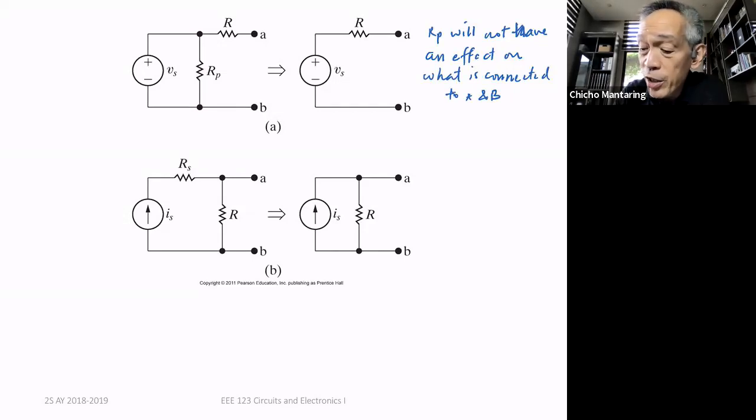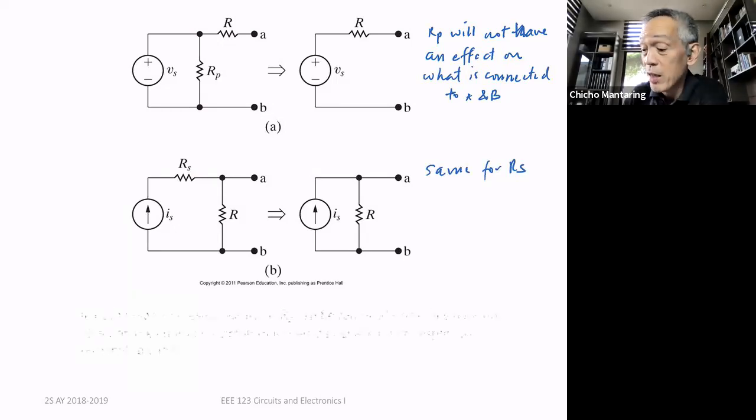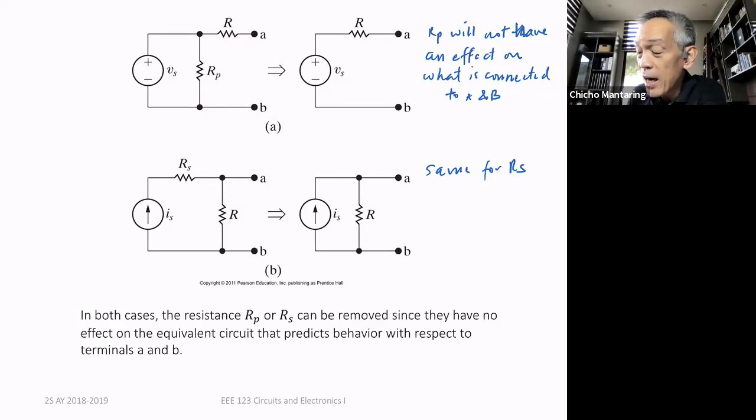Okay, you have a similar situation with a current source. Whenever I have a resistance that is in series with an ideal current source, this R sub S will not have an effect on what is connected to A and B. So same here for R sub S. In other words, if I replace this with a short circuit, there will be no effect on what is connected across A and B. So for both cases, R sub P or R sub S can be removed.